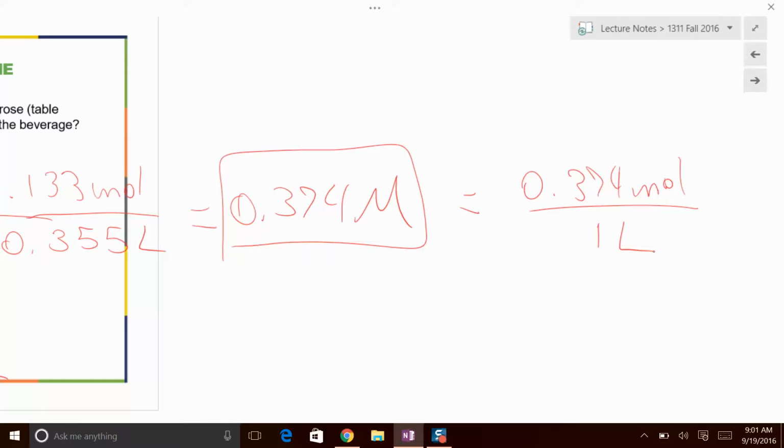If I dissolved 1 mole of it into 1 liter, I would have what molar concentration? I would have a 1 molar concentration. Okay? So if I want to make a solution that is 1 molar, I simply need to dissolve 1 mole of it into 1 liter. And it's a 1 molar solution. Okay? All right.